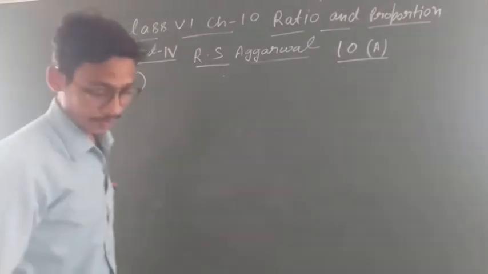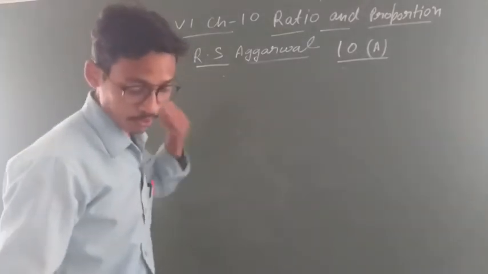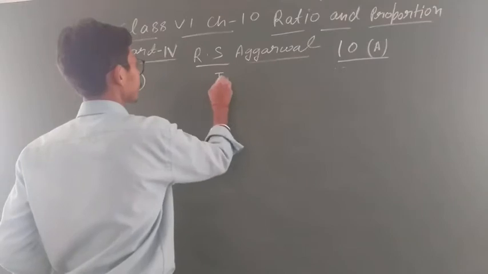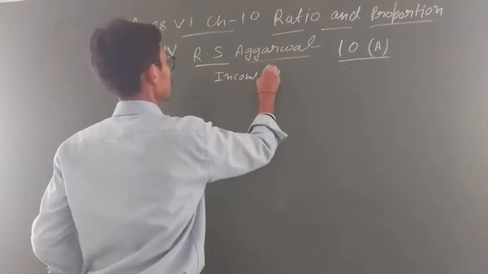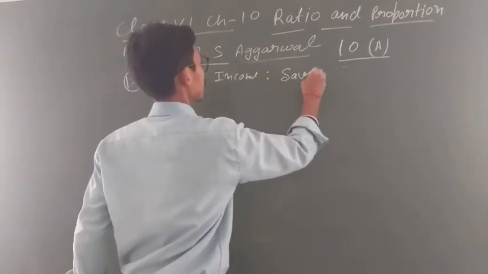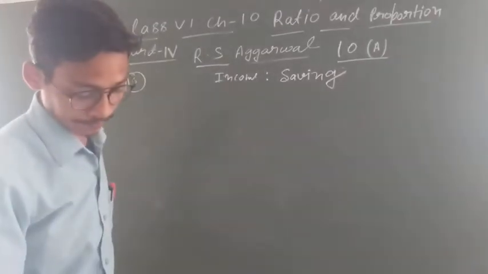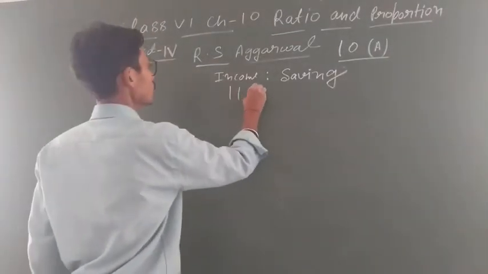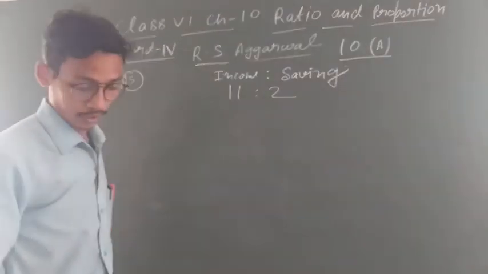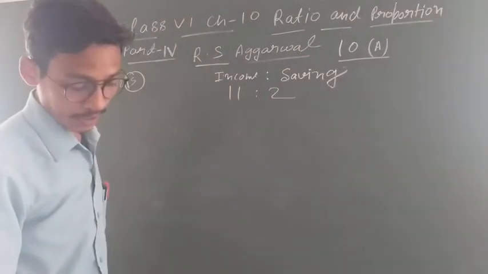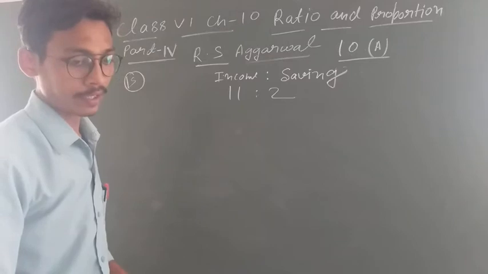Look, 15 is given. The ratio of income to saving is given, students, as 11:2. Find the expenditure if the saving is rupees 1520.